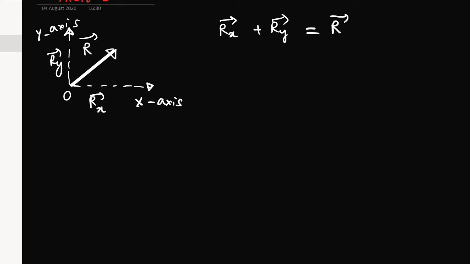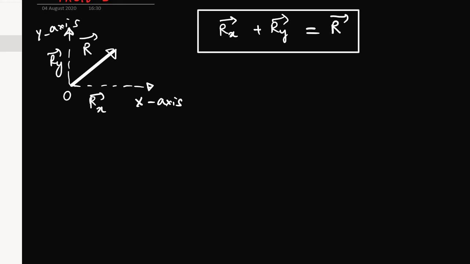If it is R vector, then the x-axis component will be named Rx vector and the y-axis component will be called Ry vector, and according to the triangle law of vectors, they will add vectorially to form the R vector. You understand? This is the resolution of R vector into two components.